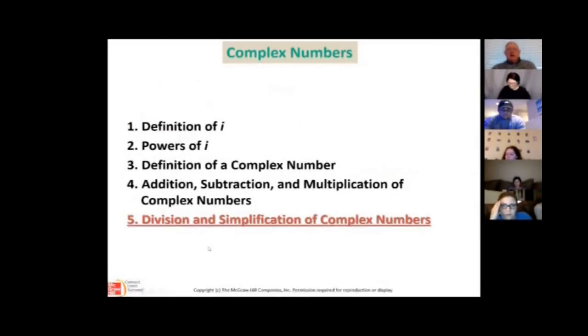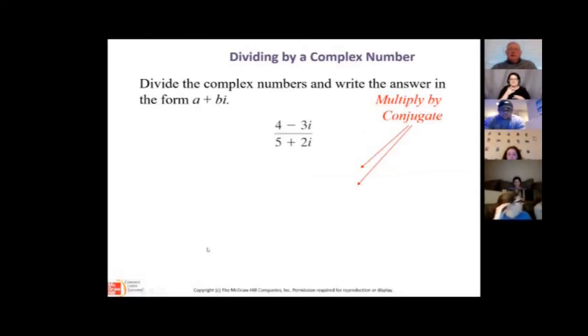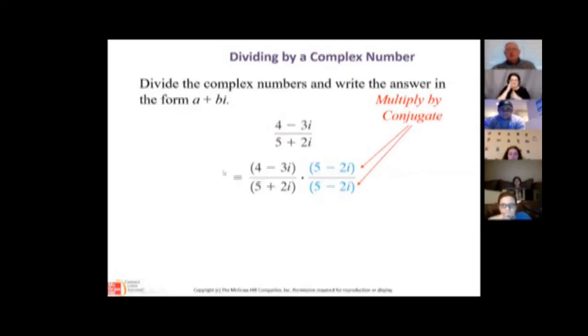Division and simplification. Well, if you recall from when we did square roots, if we had something like this, where we had a binomial on the denominator, we had to multiply the numerator and denominator by the conjugate. That works the same way with imaginary numbers or complex numbers.